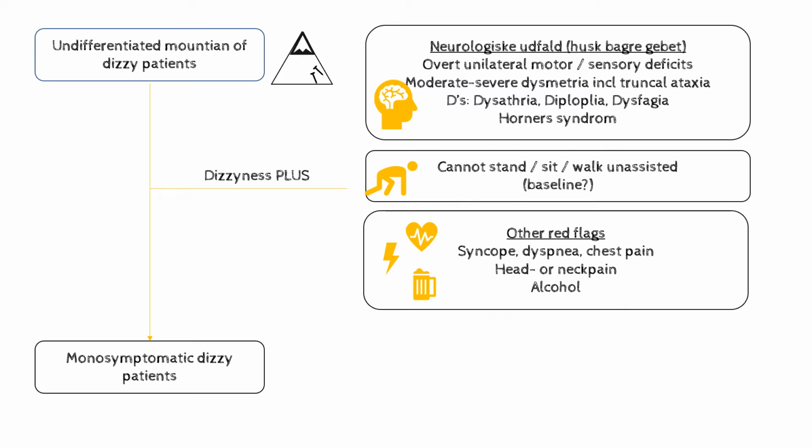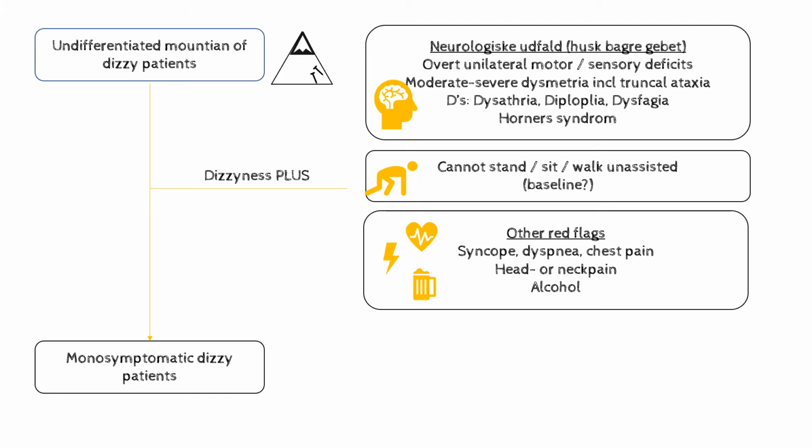Okay, it's important to know that this is a relatively small group of patients. It's not a lot of patients that we see, if we take the mountain of dizzy patients that will present like this and have these red flags, but these are important to pick out. Because the majority of dizzy patients don't necessarily have a neurological cause of their dizziness.